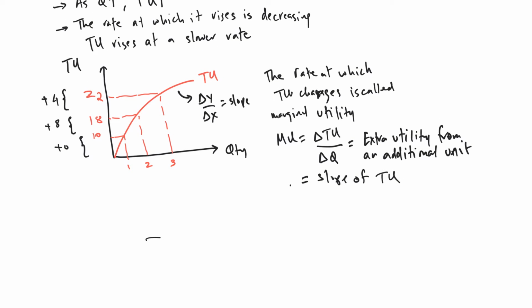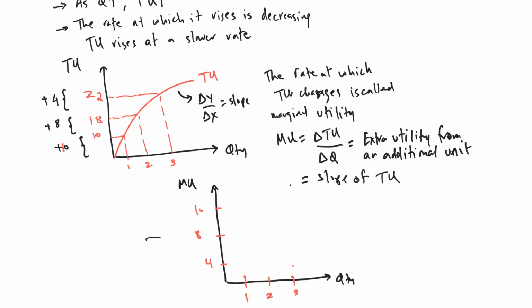In other words, why is the slope like this? If I want to draw the diagram for the slope or MU, I'm going to draw a diagram like this. This is quantity and MU. So my MU is, for example, first it was plus 10, then it was plus 8. So the first unit, the value is plus 10. For the second unit, the value is plus 8. And the third unit, the value is plus 4.